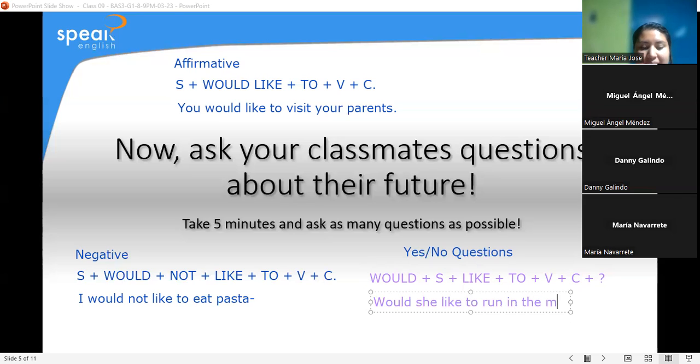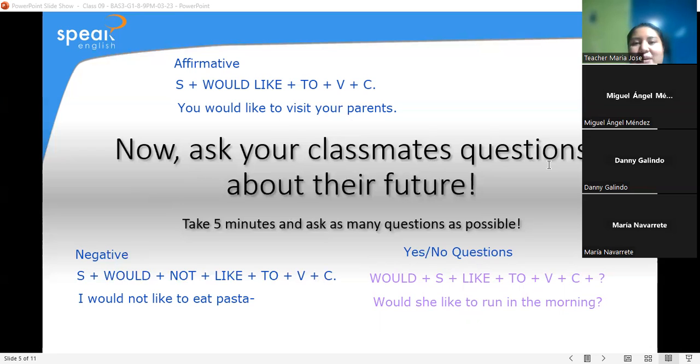Excellent, very good example. So let's keep the structures in mind so we can keep working with would like. Before we continue, questions about the structures, or is it clear? No question, teacher. It's clear.